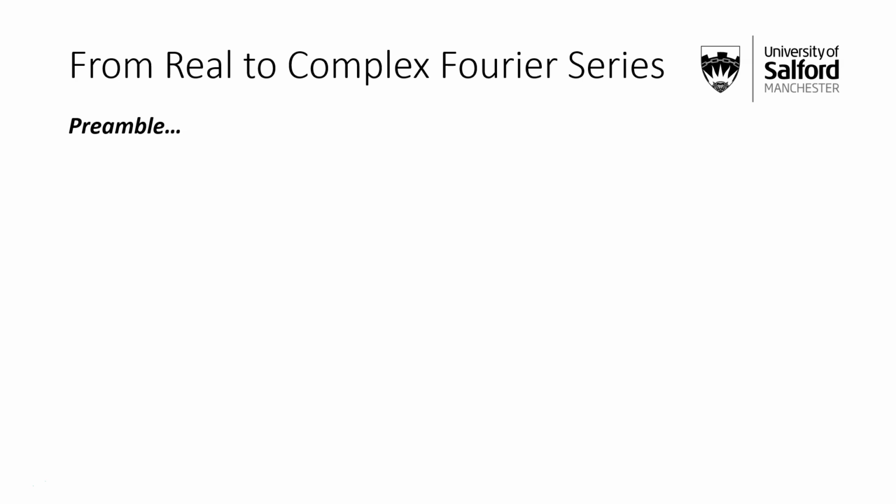But I know that some people watching this course might not be completely unfamiliar with the ideas, so just as a bit of a preamble, I'm just going to define a couple of things I'm going to use in a minute. So in part 6 we met Euler's formula, this rather strange equation, e to the i theta equals cos theta plus i sine theta.